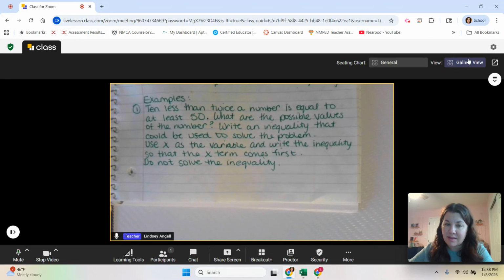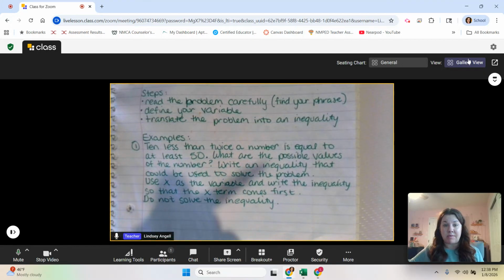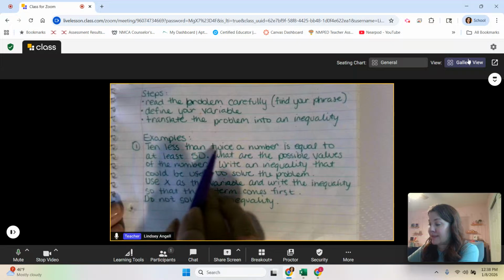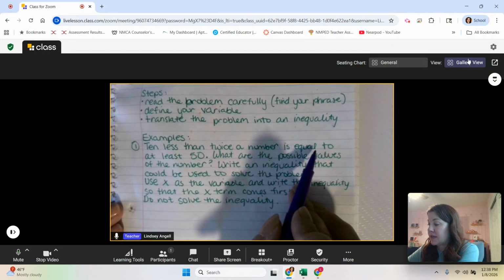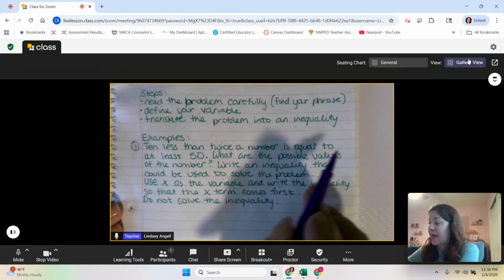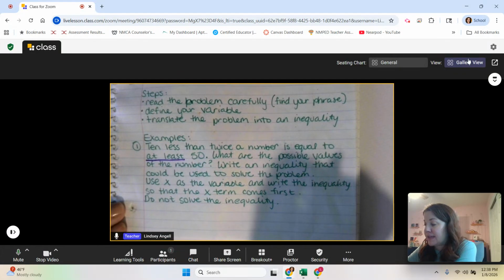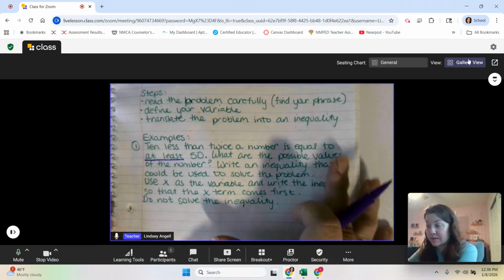So notice that was a big, long problem, and you might have even just shut down after that first sentence, right? But they do give us some valuable information. First off, if we look at the steps that we need to take: read the problem carefully. Find your phrase. So with that, 10 less than twice a number is equal to at least, there's that phrase, at least 50, okay?